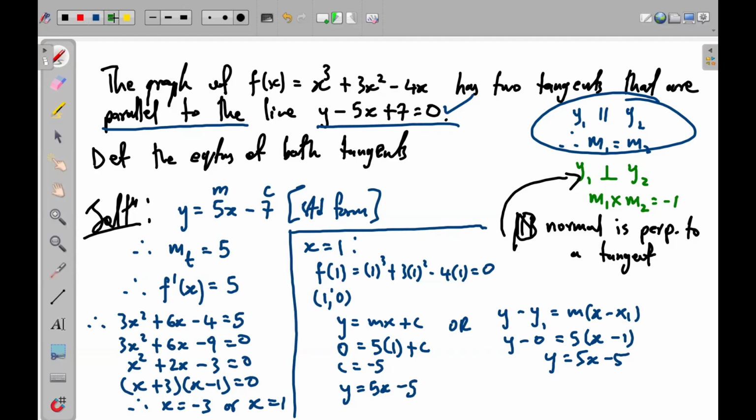And then the other one, guys, for x equals minus 3, you should get the equation y is equal to 5x plus 27. That's what you should get.